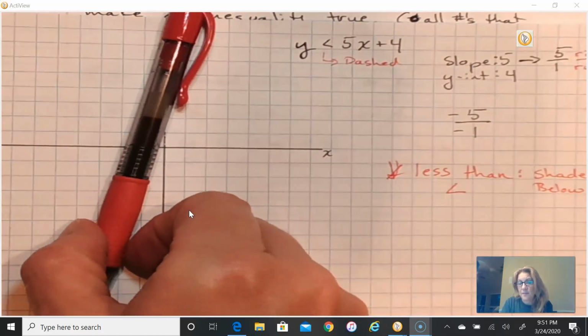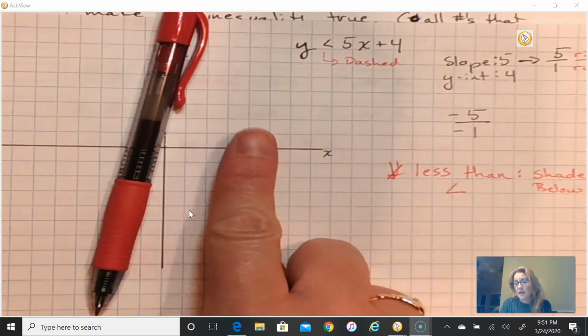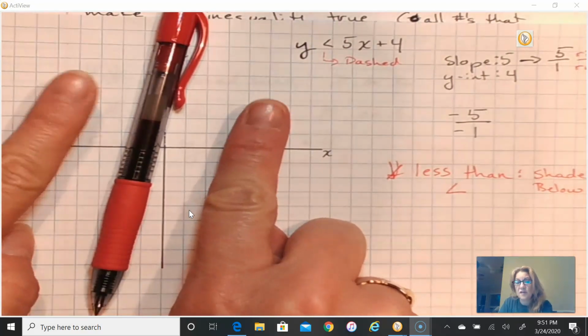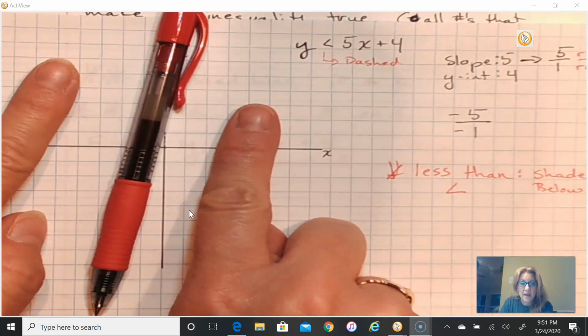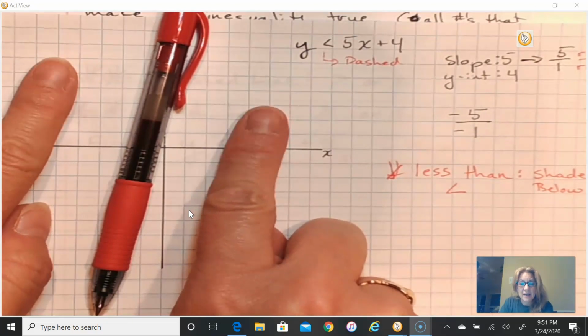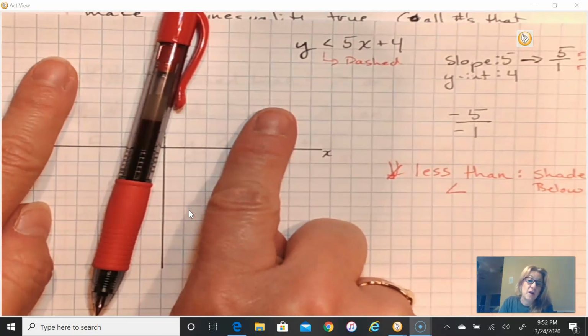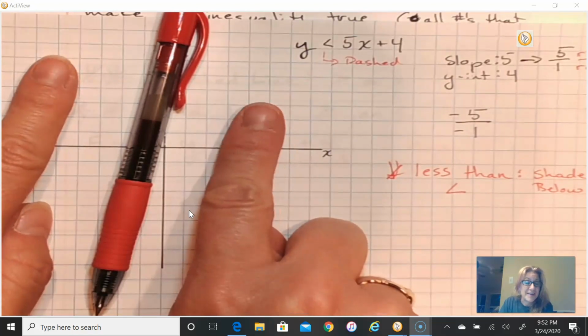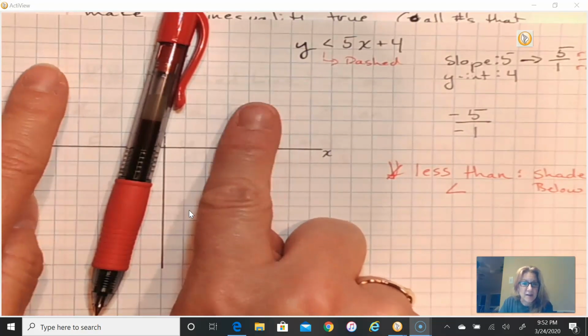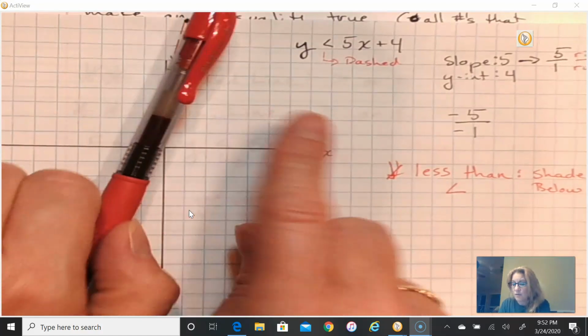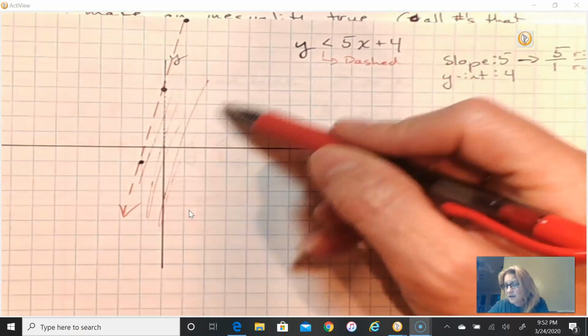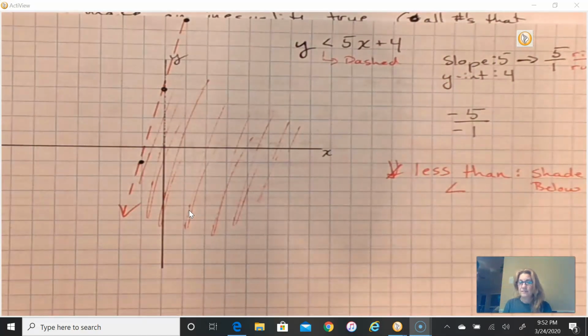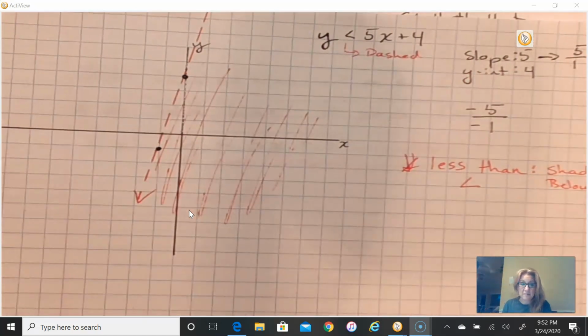Let's put my pen on top of that. Here's one side and here's another side. Which side would be considered below the pen? Up here or down here? That's right, this would be below. So you're going to shade below. That's it. I mean, truly, that's it.